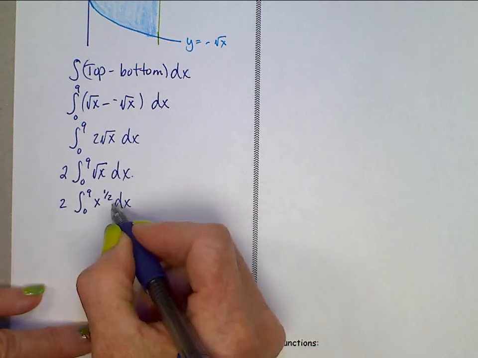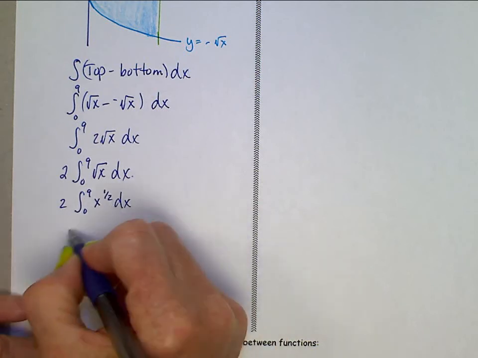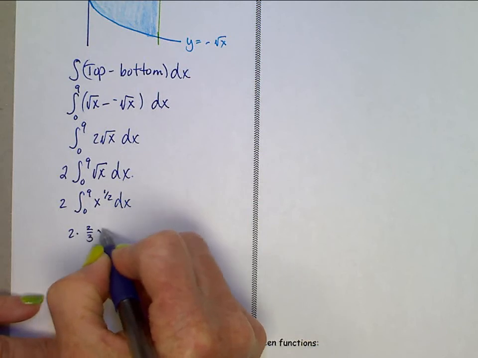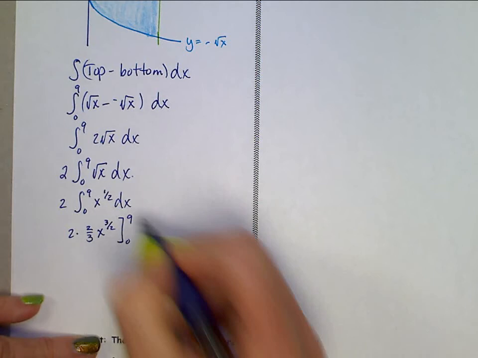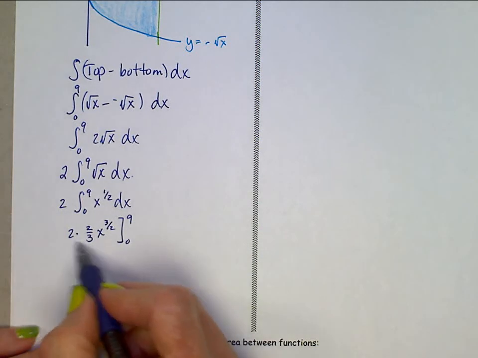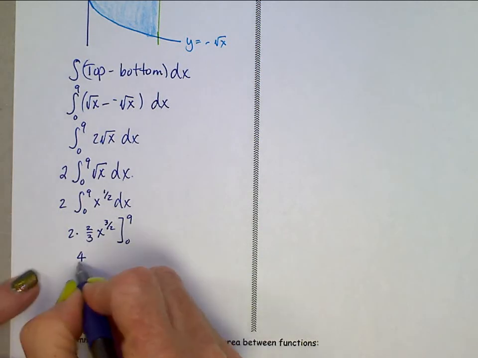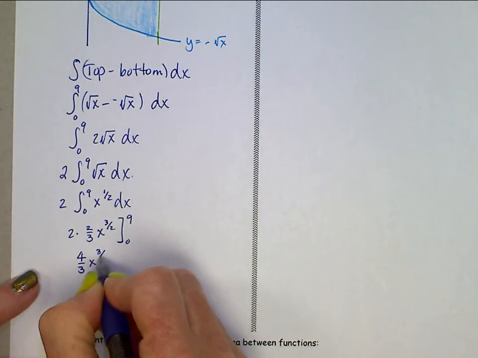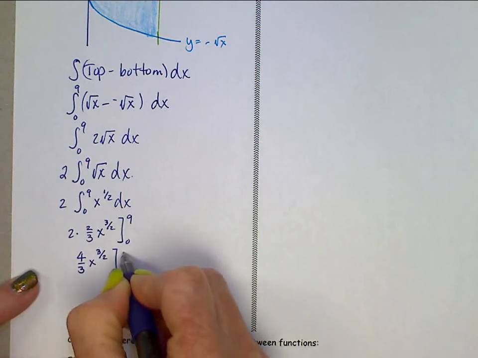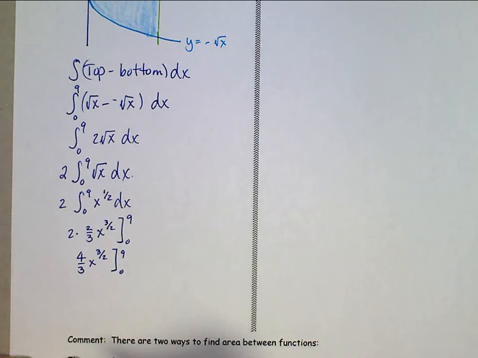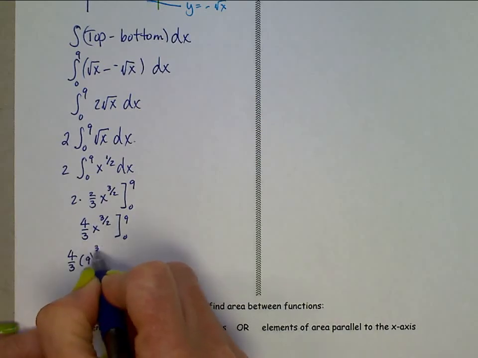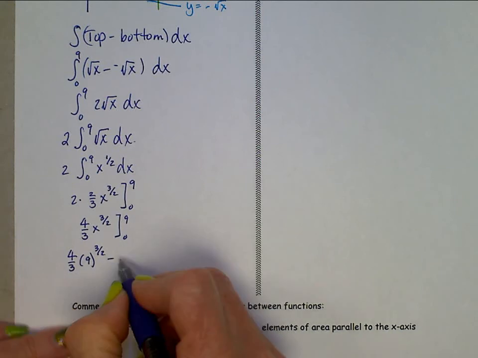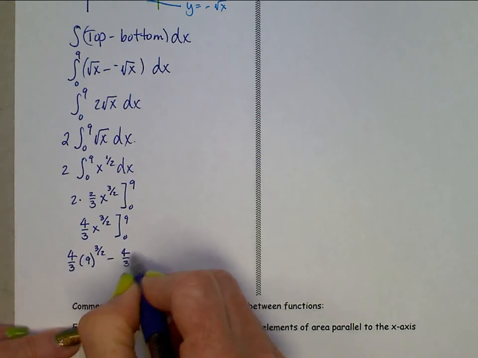Then do an antiderivative. That's going to give us 2/3 x to the 3/2, evaluating from 0 to 9. I'm going to clean this up first. Make this 4/3 x to the 3/2 from 0 to 9, which will be 4/3 times 9 to the 3/2 minus 4/3 times 0.